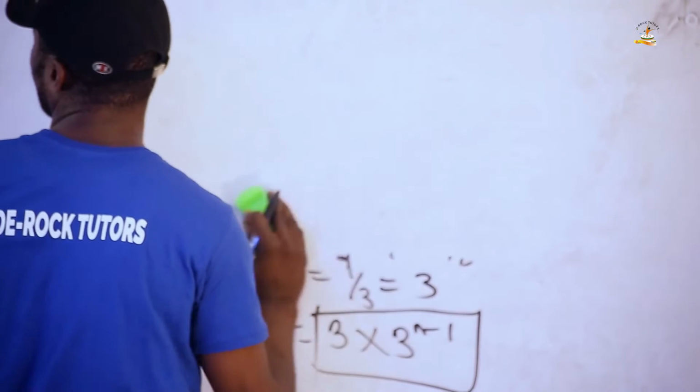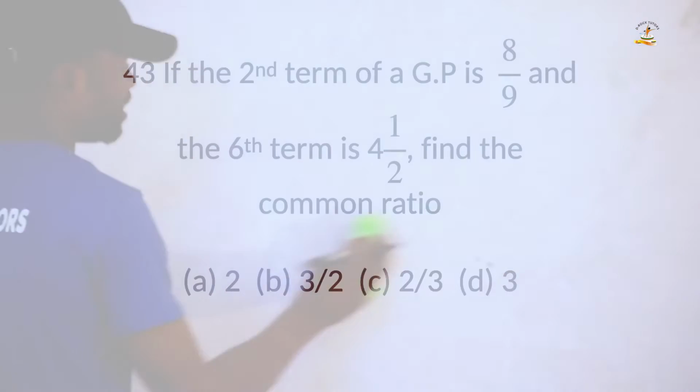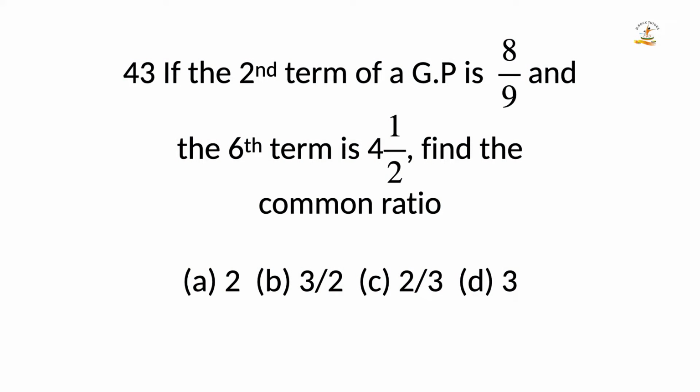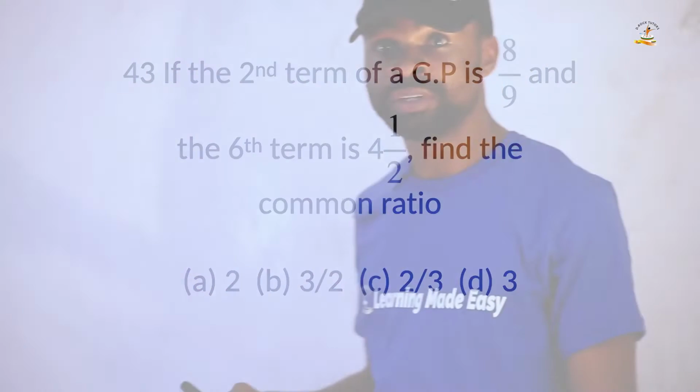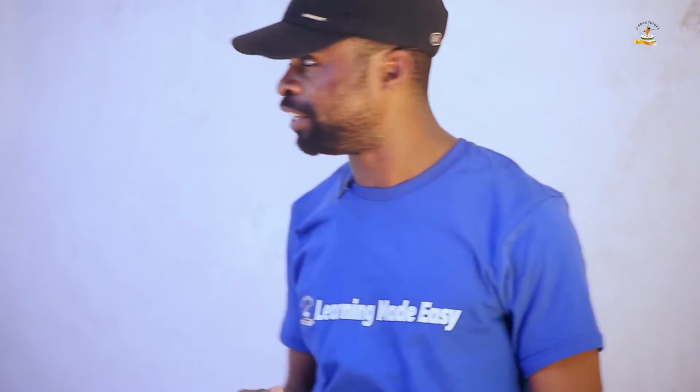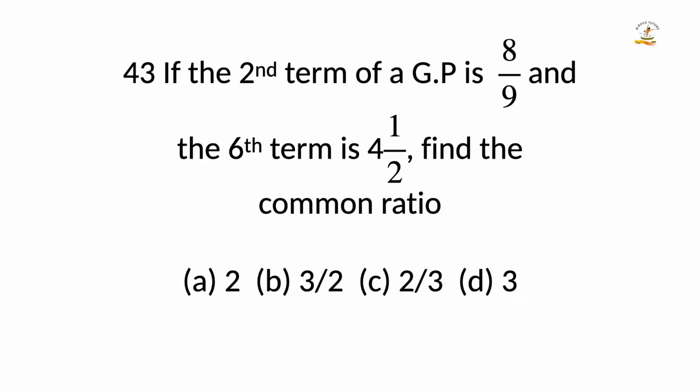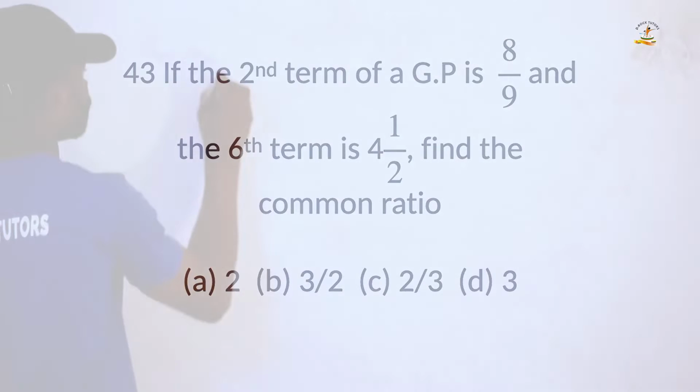Question number 43. It is given that the second term of a GP is 8 over 9, and the sixth term is 4 whole number 1 over 2. We are required to find the common ratio. We set an equation.